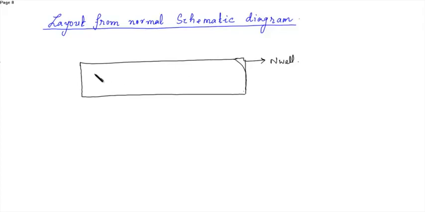In order to draw the P diffusion layer, we know that the P diffusion layer is brown in color. So we take the P diffusion layer. Now in the same way, we need the N diffusion layer, which is green in color.